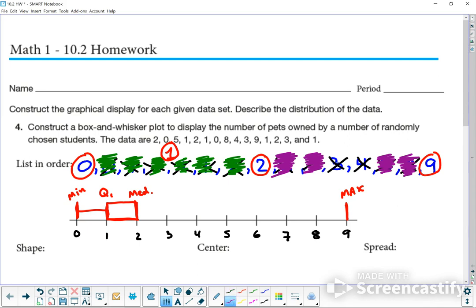Between 3 and 4 is 3.5. So 3.5 is our quarter 3. So 3.5 is about right here. That's the other end of the box. That's quarter 3. And then our other whisker is very long all the way over here.